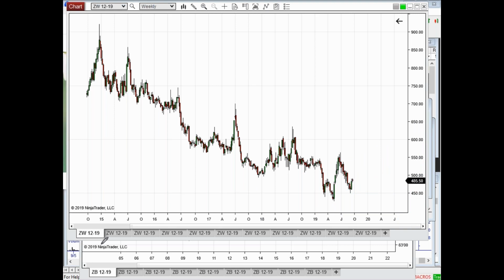Gold is holding that third low like we were looking for, kind of the shifted momentum. I'll show you an updated chart on that here quick.